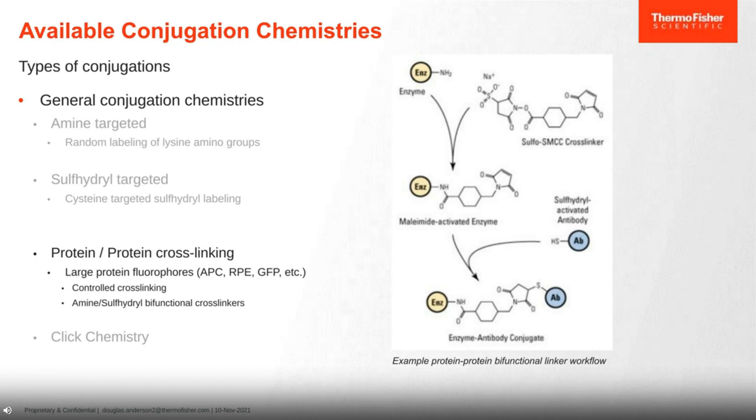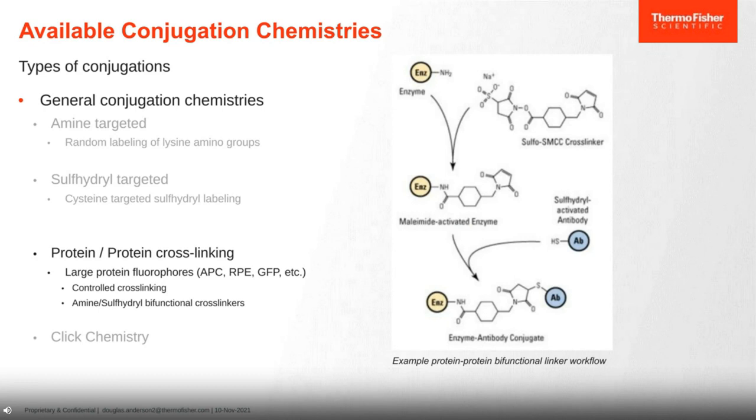So this family is more about the cross-linkers themselves. One of the most common cross-linkers that you see is actually a combination of the first two chemistries. One example here is a sulfo-SMCC cross-linker, and this is basically an NHS ester with a short linker itself, a linker of linkers really, where you're just linking an amine-targeting NHS group with a sulfhydryl-targeted maleimide.